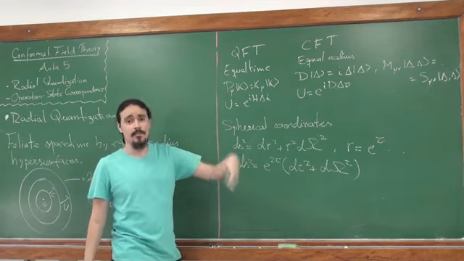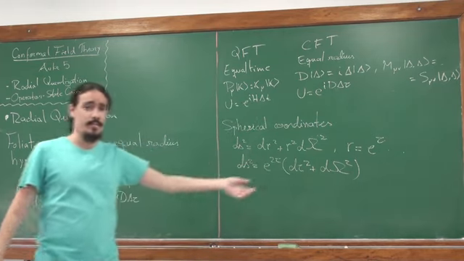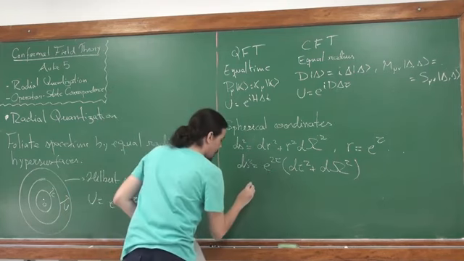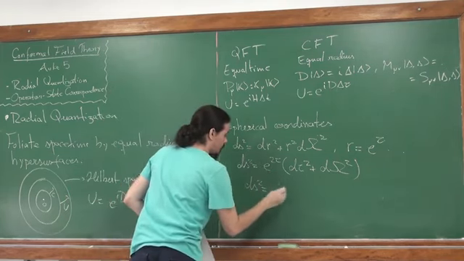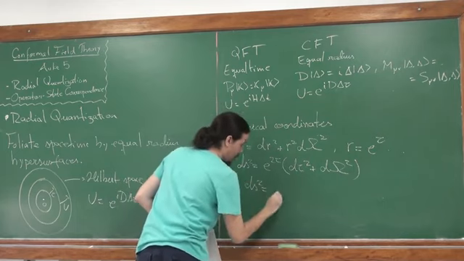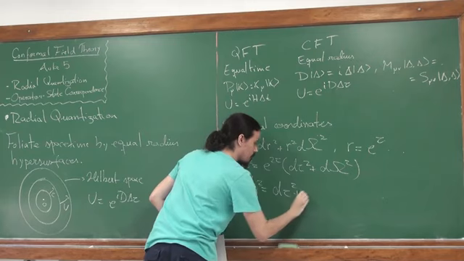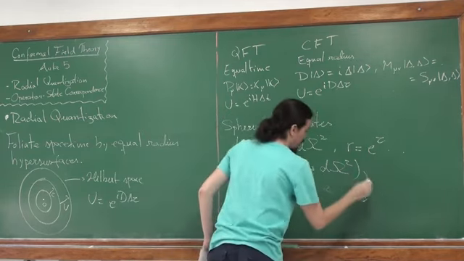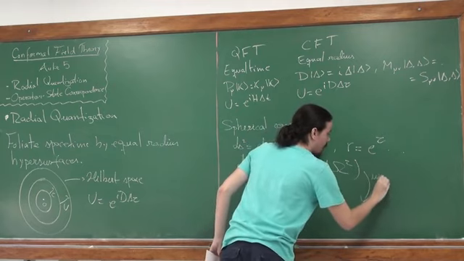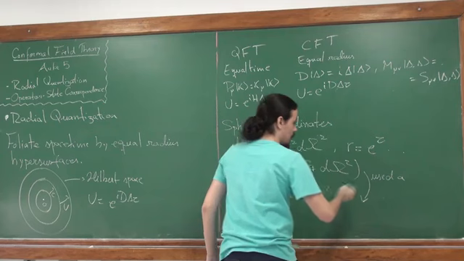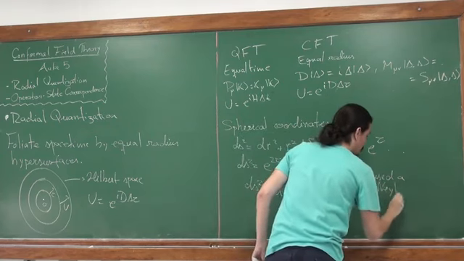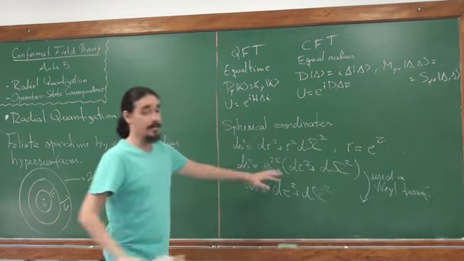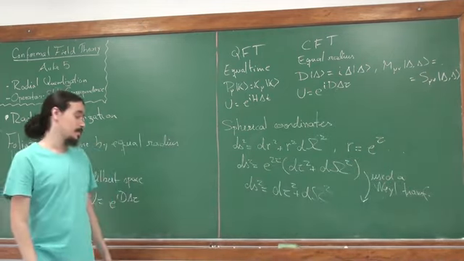I could do just a conformal transformation, a radial transformation, and get rid of this scaling factor, because it doesn't matter.